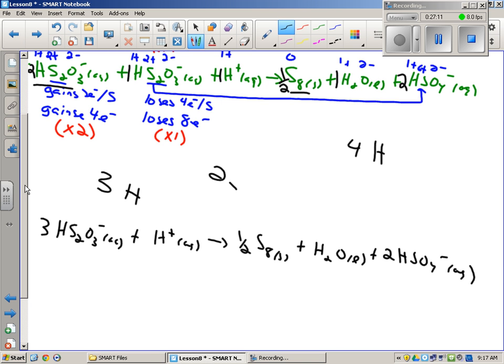Now, some people are going to be like, can you leave it like that? And the answer is, yes, you can. Some people aren't going to be happy about that because there's a fraction involved with the chemical equation. So all I can tell you is this. Can you leave it like this? Absolutely you can. Could this be a possible answer? It sure could be. All right? If it's not this one, it's probably twice as much.